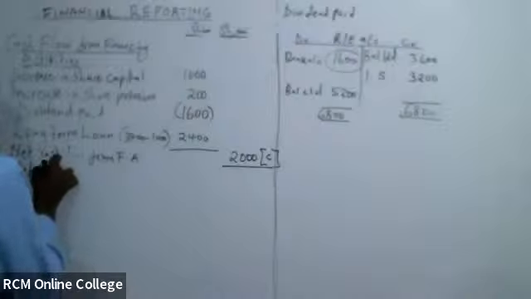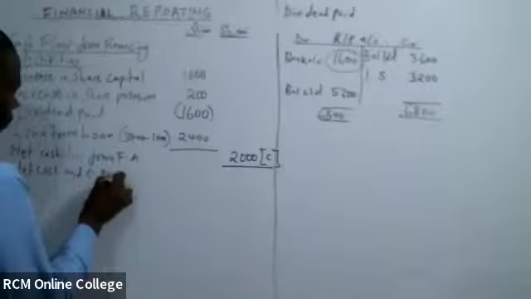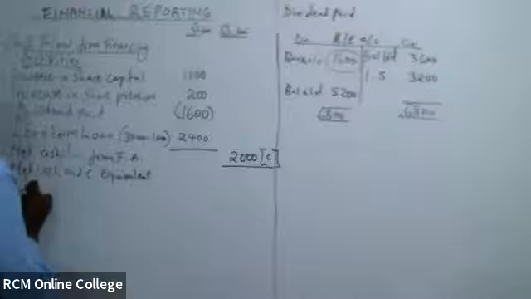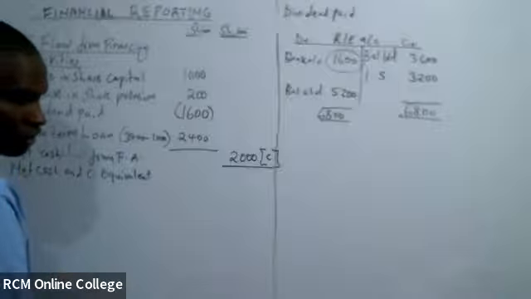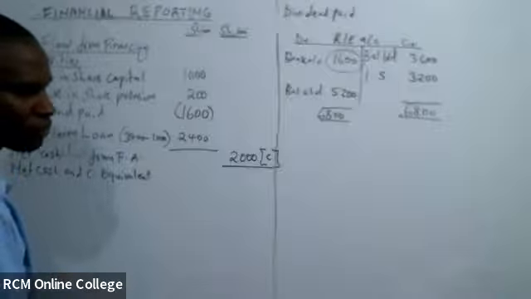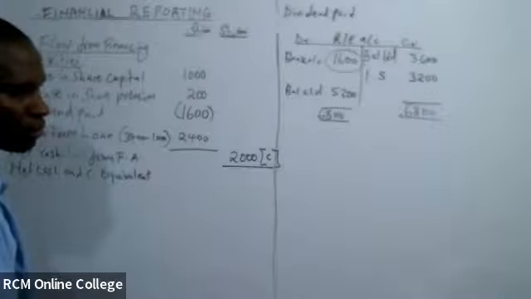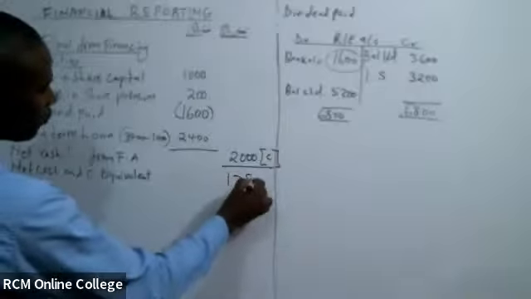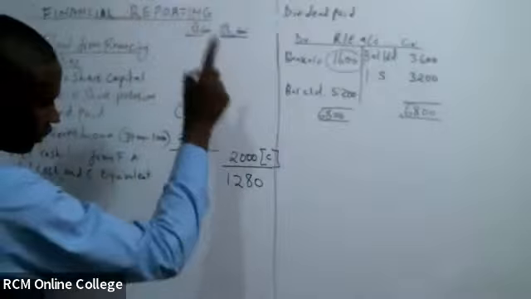How much will the net cash and cash equivalent be? 1280. You're getting 1280. That is A, B, and C.